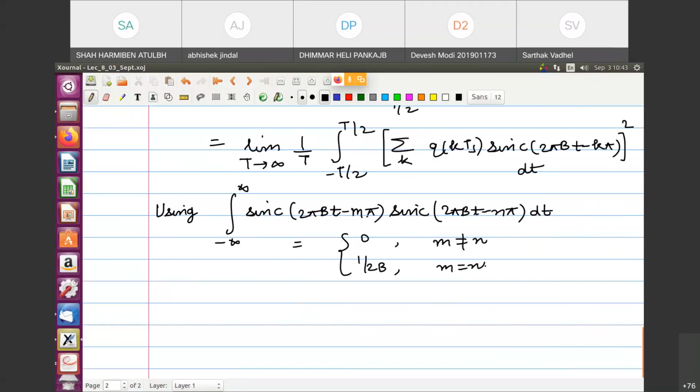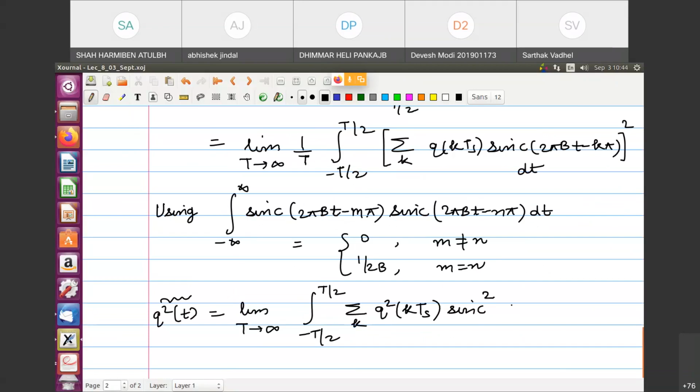So using this, you can get that the MSV of q is given by simply the limit T tending to infinity of the integral from minus T by 2 to T by 2 of the summation over k of q square of kTs times sinc square of 2 pi bt minus k pi, dt.